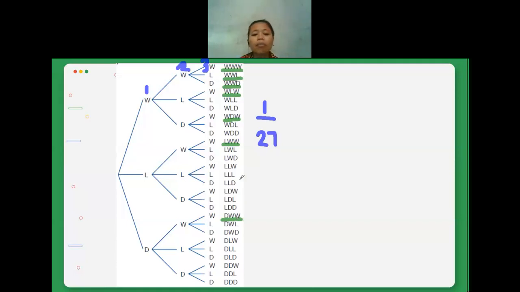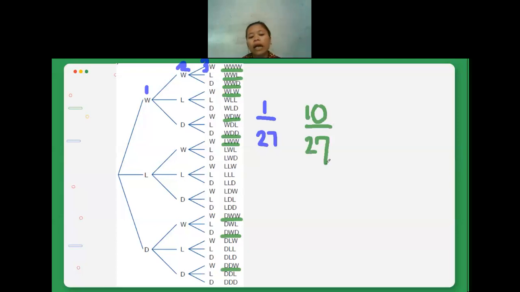So it can be WW, then W win, D draw, W win, D draw, and then also draw win. So in total it will equal 10. Is it already 10? Yeah. So for B, the answer will be 10 out of 27 because it says wins more times than loses.